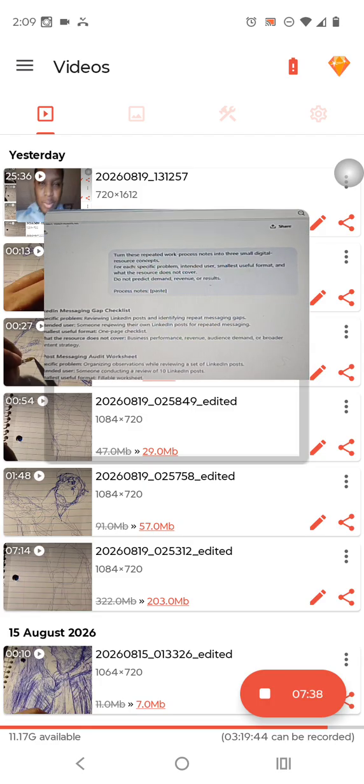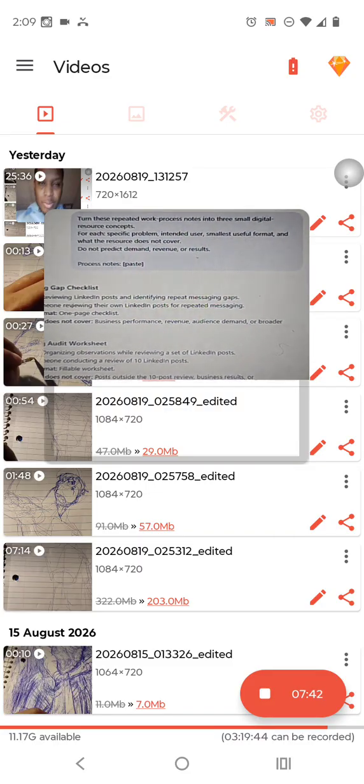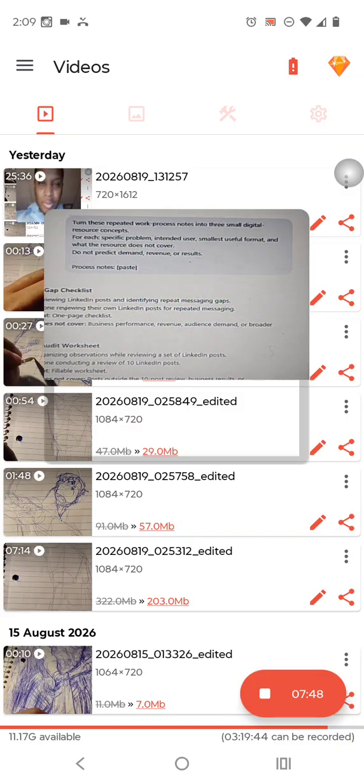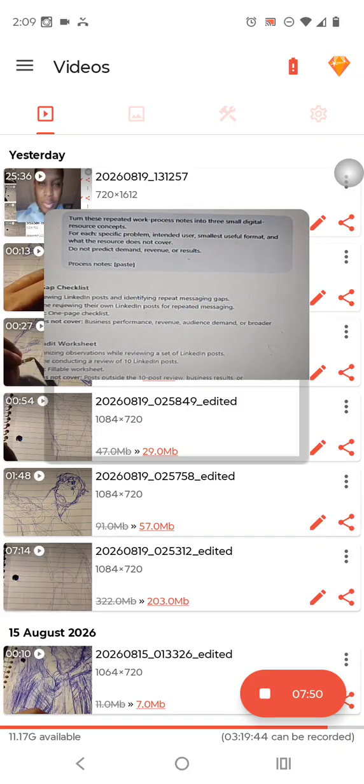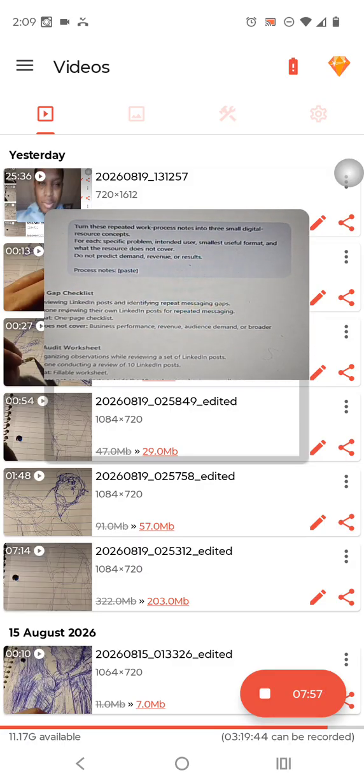So this first prompt is, turn these repeated work process notes into 3 small digital resource concepts. For each, there's going to be a specific problem. There's going to be an intended user. There's going to be a smallest useful format. And there's going to be what does this resource not cover?